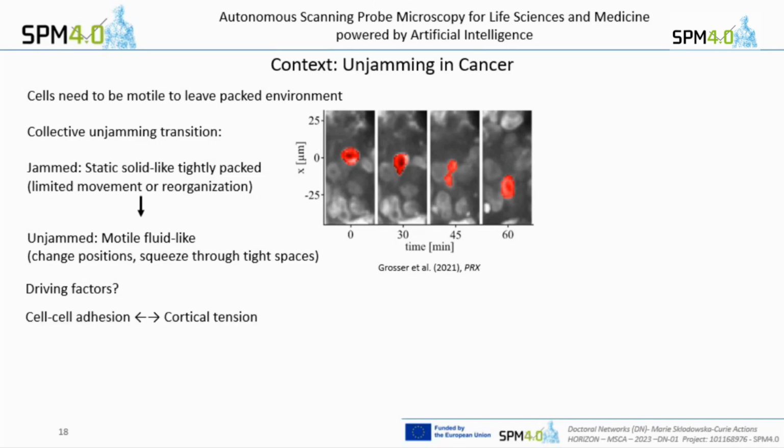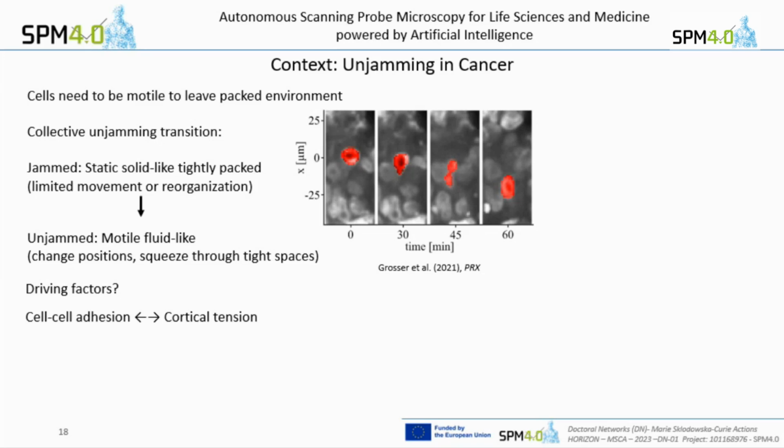In this model it's basically an interplay between the cell-cell adhesion, meaning how well the cells interact and stick together, and the cortical tension. Cortical tension is how well these cells can maintain their roundish shape. And there's still debate about what else can contribute, let's put it like this.